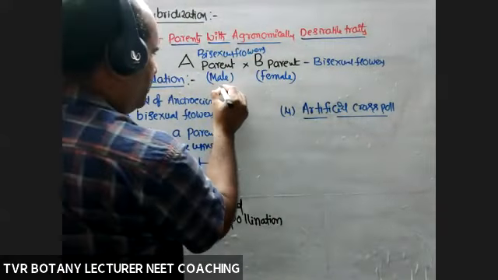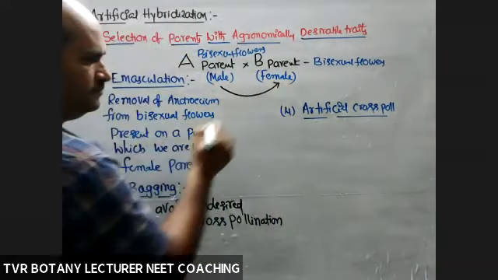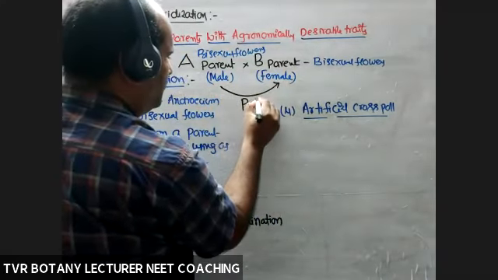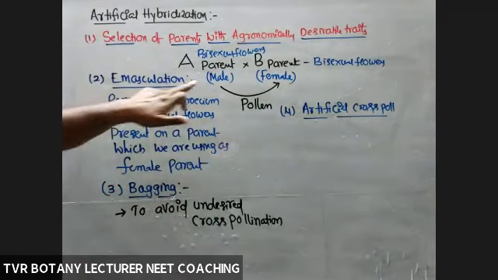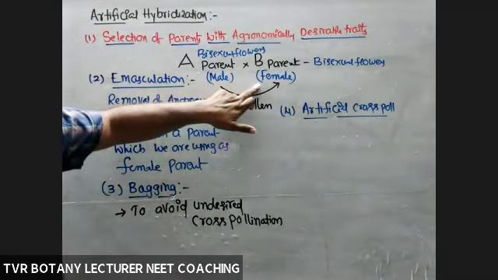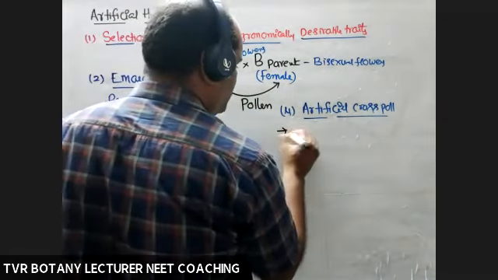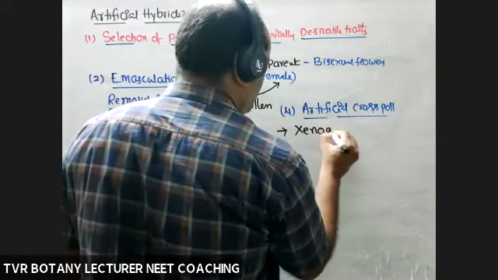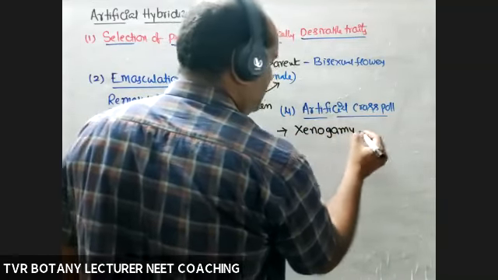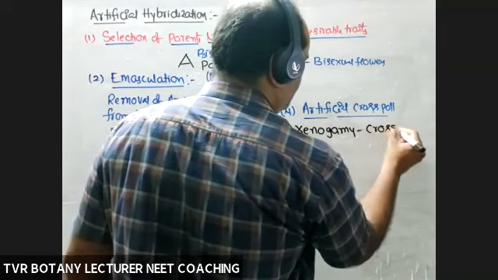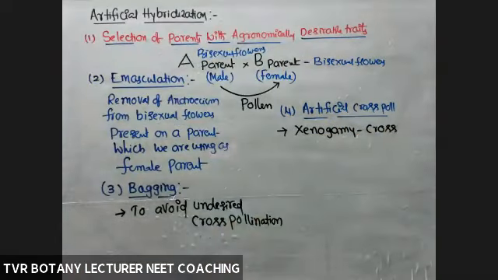Transfer of pollen grains from the male parent to the stigma of emasculated bagged flowers, or directly female bagged flowers. So that is called artificial cross pollination. It involves xenogamy, xenogamous type of cross pollination. Okay, so that is about artificial cross pollination.